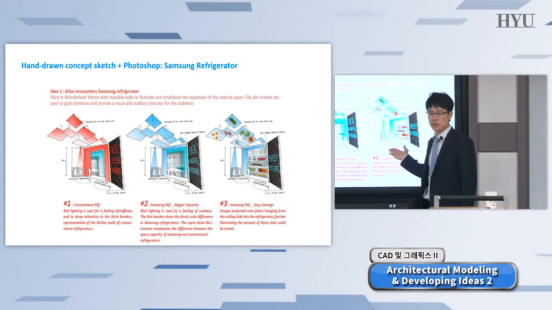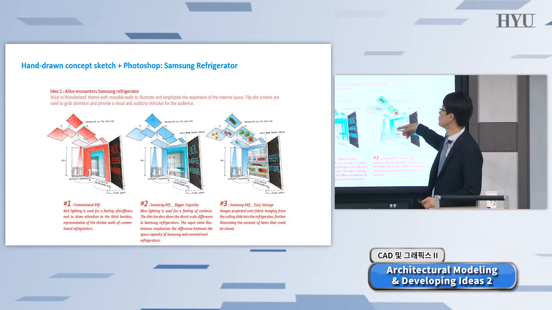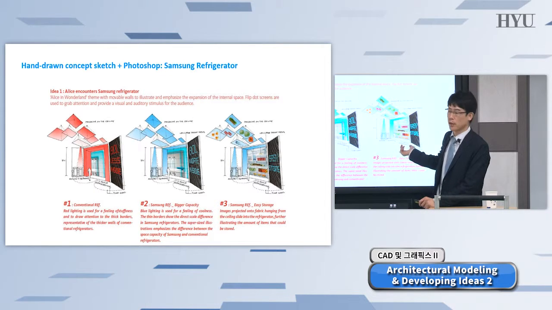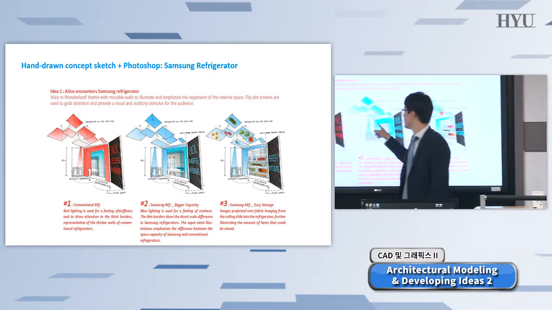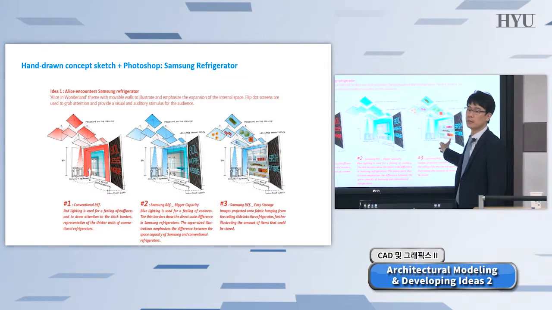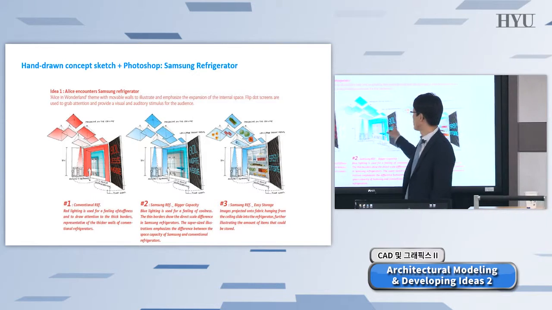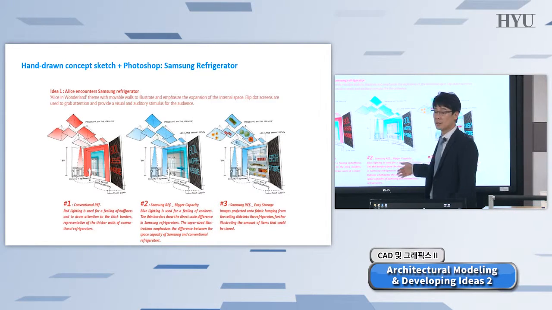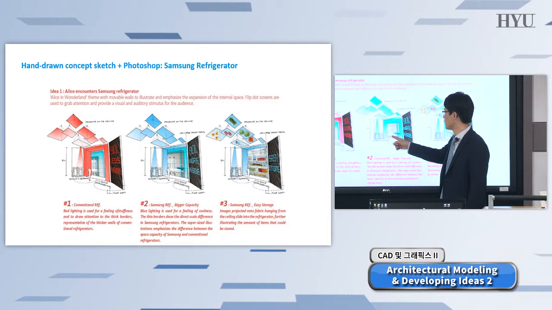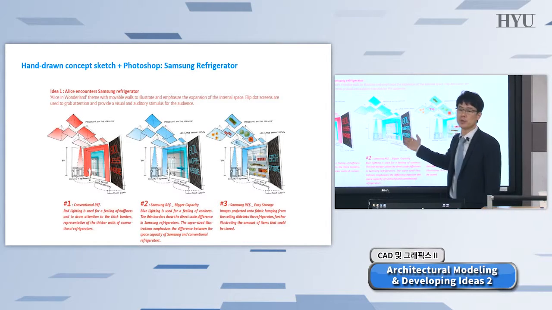Take a look at this one. The main objective of this design is to display Samsung's new refrigerator, okay? So the designer's intent, as you see, was designed and visualized in this way. This is a refrigerator, but actually not a refrigerator, it's kind of a collection of screens, okay?